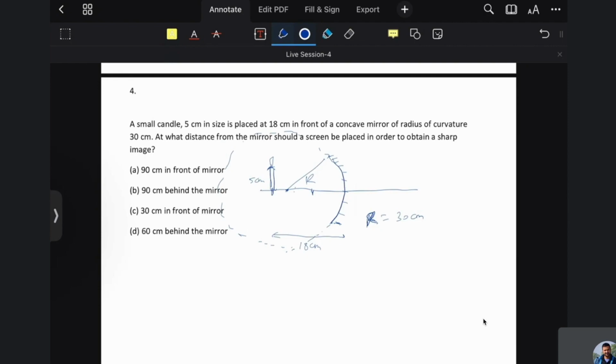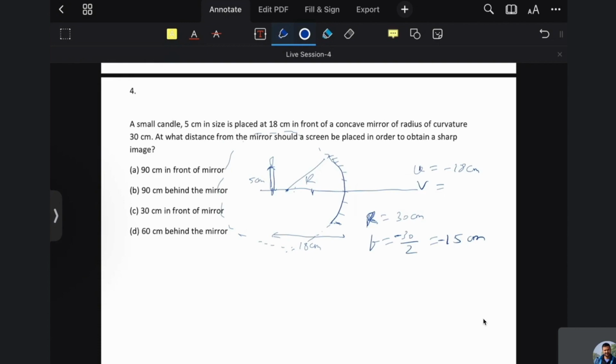So basically here object distance is given, minus 18 centimeter. We are asked V, the image distance. Since R is given, you can calculate the focal length by dividing it by 2. So 15 centimeter is the focal length, right? And it will be negative.